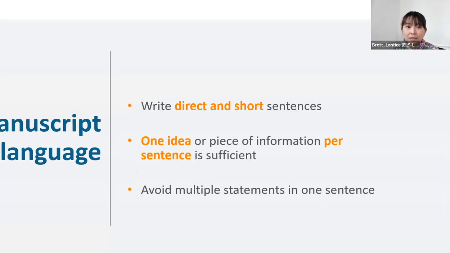And you should write direct and short sentences. Avoid long sentences because some long sentences confuse readers. One idea or piece of information per sentence is sufficient. Avoid multiple statements in one sentence.